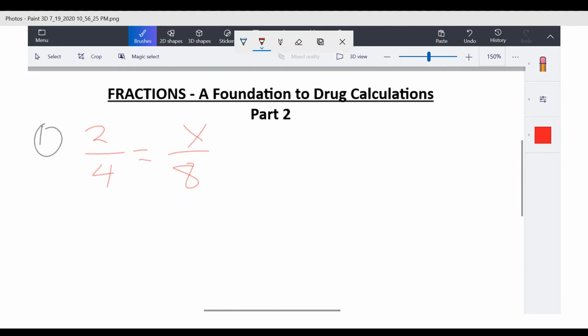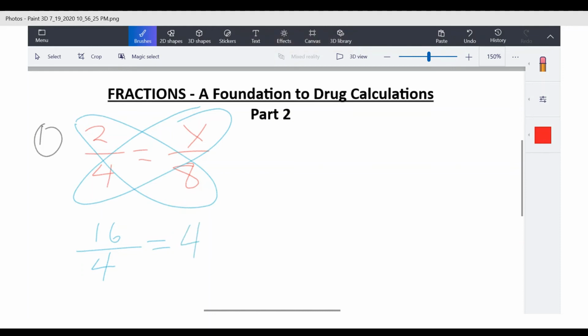Once again, as you may know already, the drill is to cross multiply as we did with the previous set. 2 times 8 is 16. Again, the number that x crosses is your denominator, so that is going to be divided into 16, and when we do that, we get 4 as our answer. 16 divided by 4 is 4.